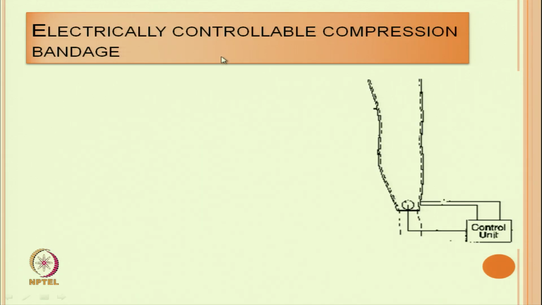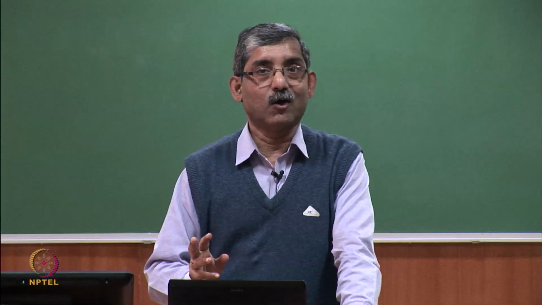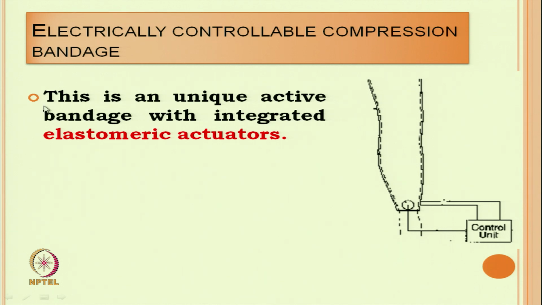Another bandage is the electrically controlled compression bandage. This will change the compression pressure automatically. This is a unique active bandage. It is called an active bandage because it has an integrated elastomeric actuator.